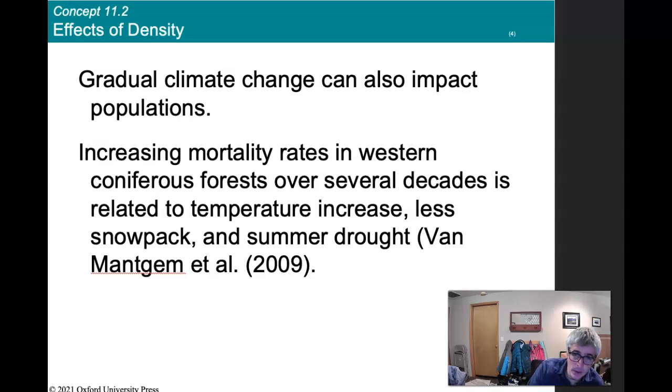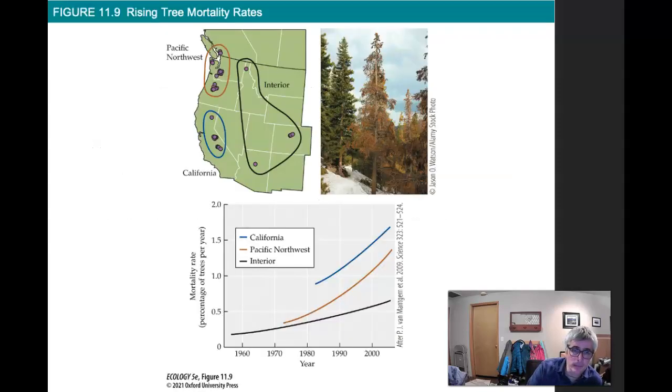Is related to temperature increase, less snowpack, etc. So it's not that there are too many trees on the hill and they're shading each other out. It's that there's not enough water, or it's not getting cold enough to kill parasites, things like that. That are happening independent of the number that are out there.